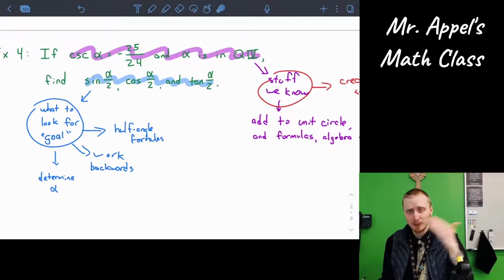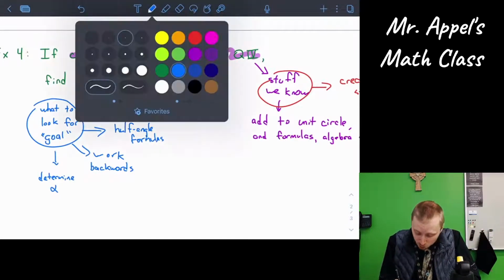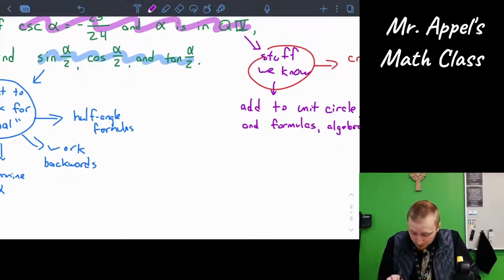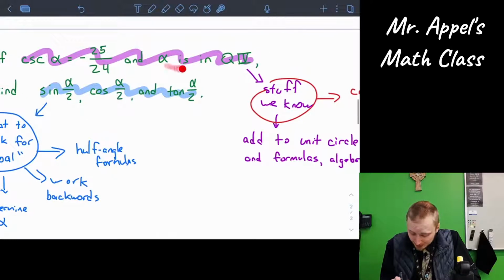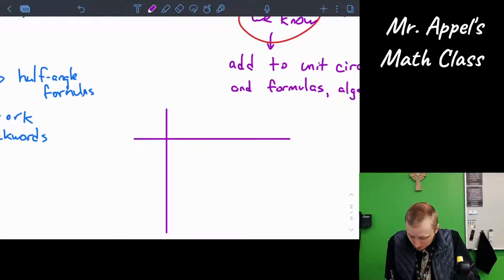Because every trig ratio, okay, hear that term, ratio, it's actually two sides of a right triangle. So on that path, let's draw a right triangle. Alpha is an angle in quadrant 4, so I'm going to draw a quick sketch of quadrant 4, right?